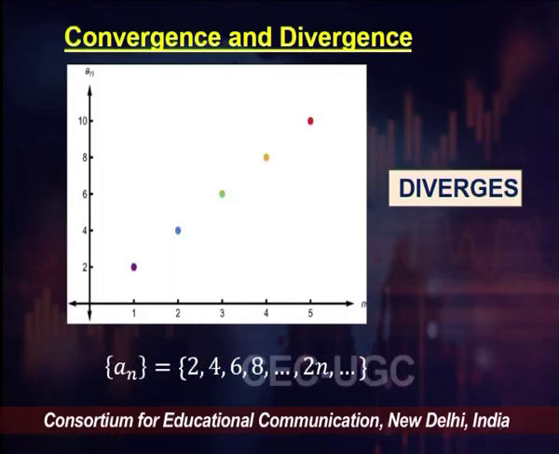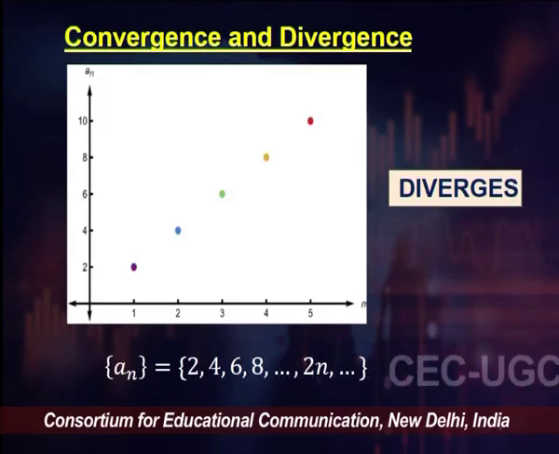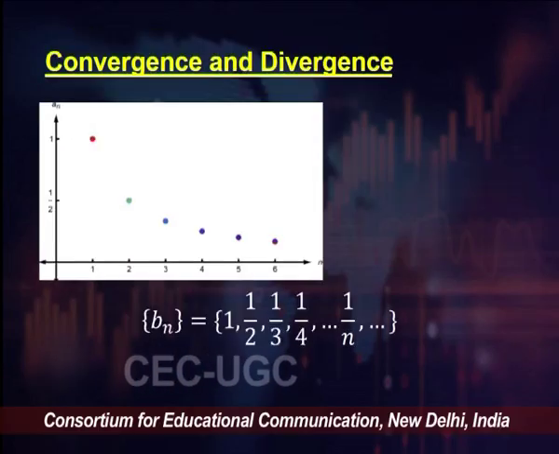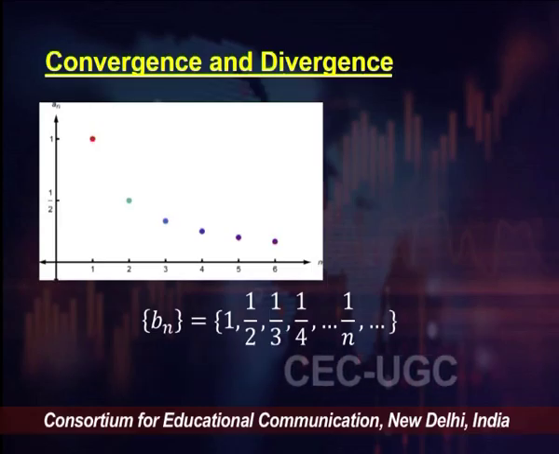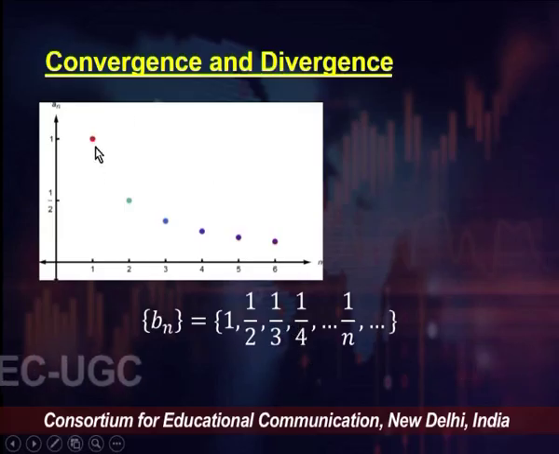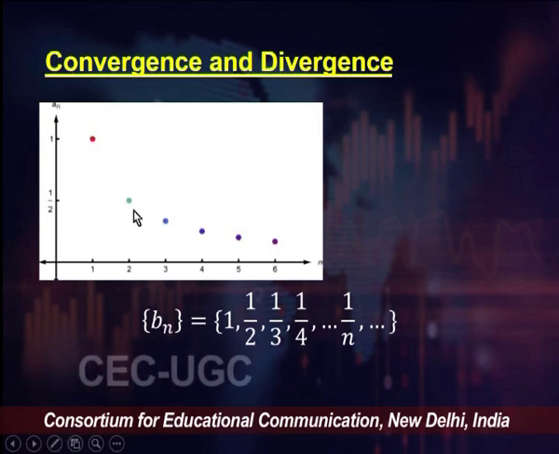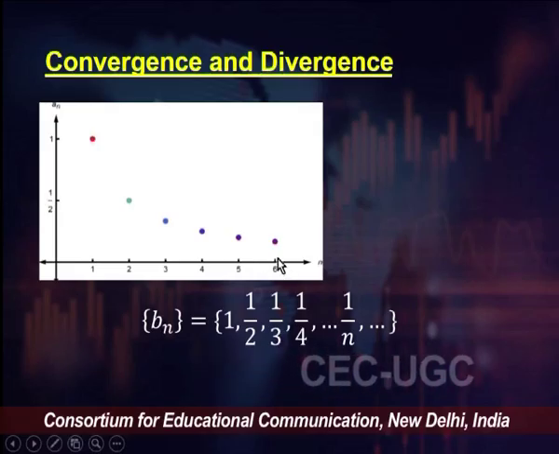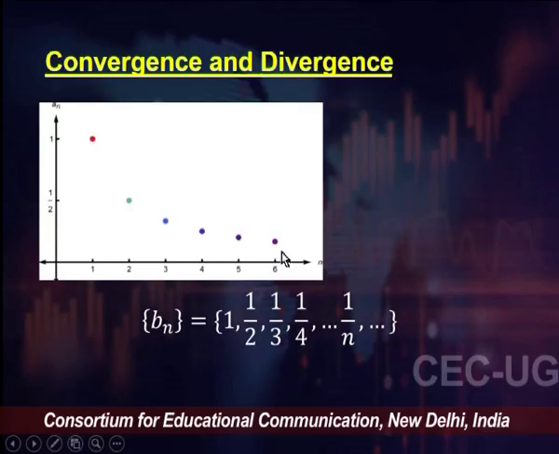Let's look at some more examples, and then we'll set up the mathematical definition for convergence or divergence of a sequence. Now look at this sequence. Here we have a sequence where the numbers are 1, half, 1/3, 1/4, and you can see these points, the numbers are going down steadily, and as n approaches infinity, this sequence is approaching 0.